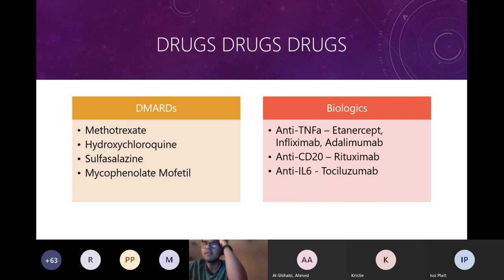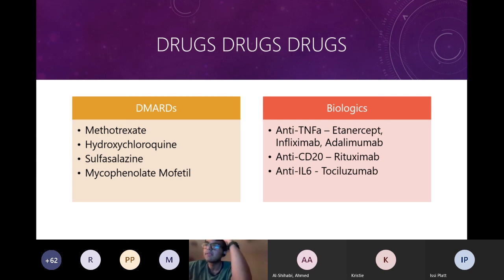Methotrexate is the best for rheumatoid. Hydroxychloroquine is used in everything because it has the best side effect profile. Mycophenolate is for serious organ involvement, is the way I tend to remember it. And in my opinion, these are the three most important biologics you should learn, but there's a whole list that you could learn.